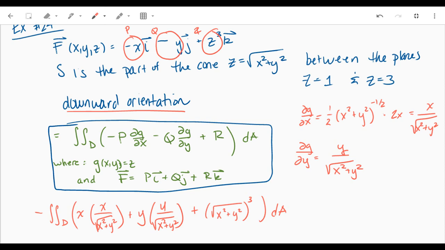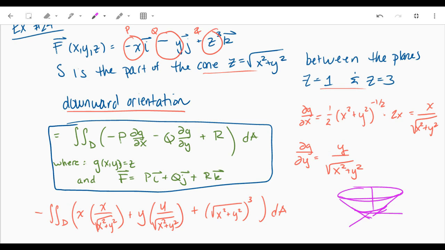Okay, so now we need to figure out what our x and y are between. Okay, so let's go back up to the whole idea. We're concerned about this cone. Okay, so I'm gonna switch colors here. So this cone is this guy, just between 1 and 3.